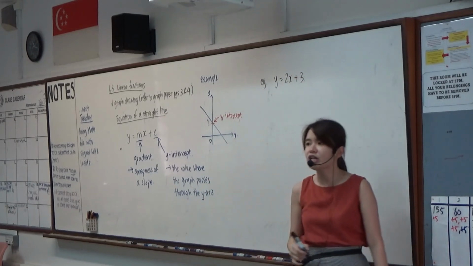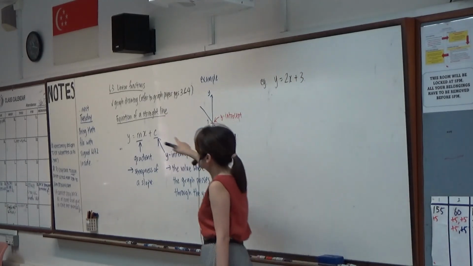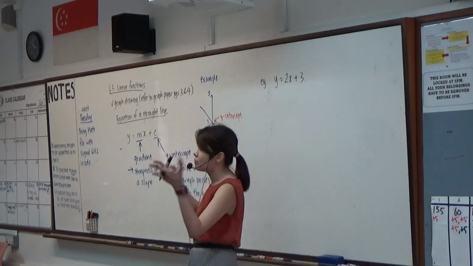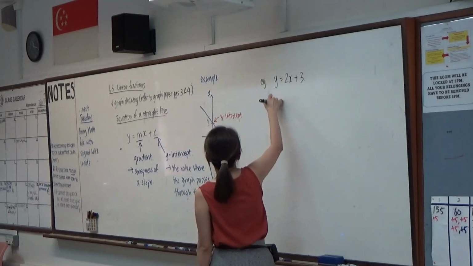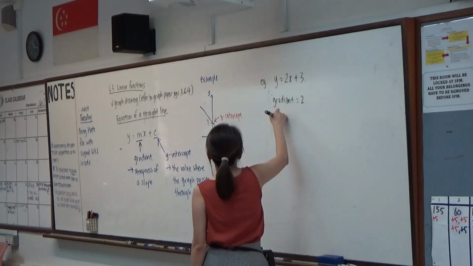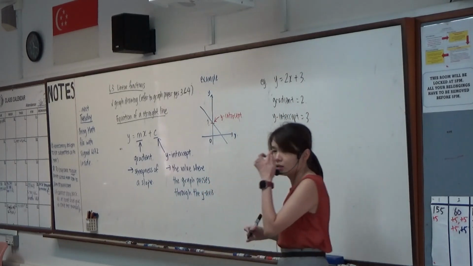if I have an equation that is y equals 2x plus 3, okay, and understanding the format of how names or graphs are being formed, with the equation itself, we can tell the gradient will be 2. The y-intercept will be 3. Okay?